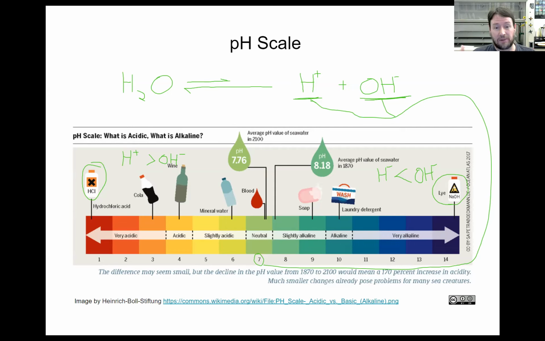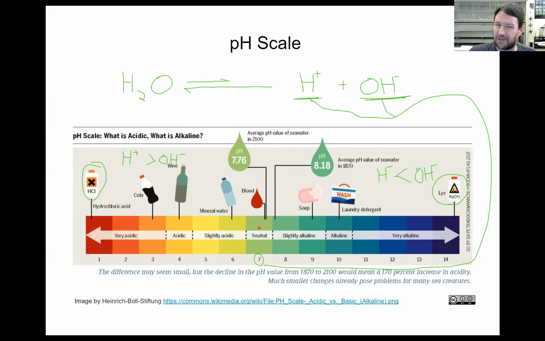And for humans, if our blood gets a little bit acidic or a little bit basic, we die. And it doesn't have to be a big change. Going from just a little more basic than neutral down to even slightly acidic, like pH 5, we're dead. pH 6.5, that's severe illness. So we can't tolerate a huge swing in pH values. So we have to have buffers to do that.